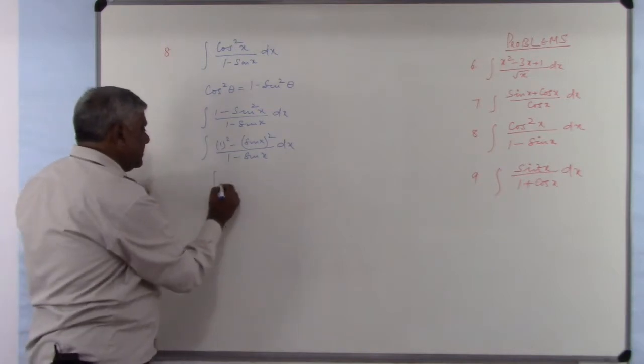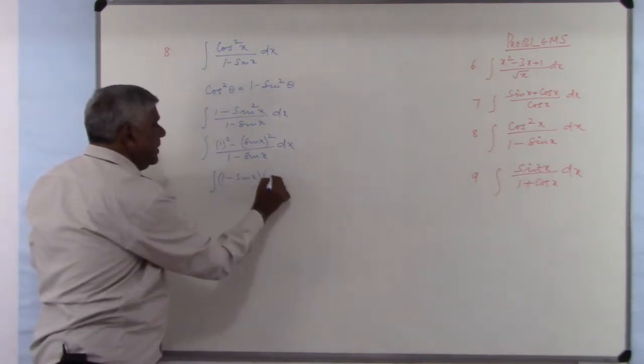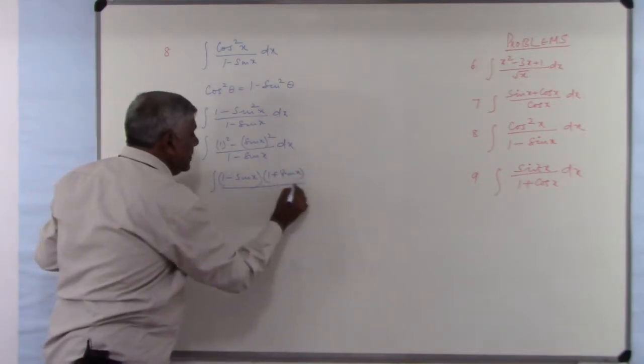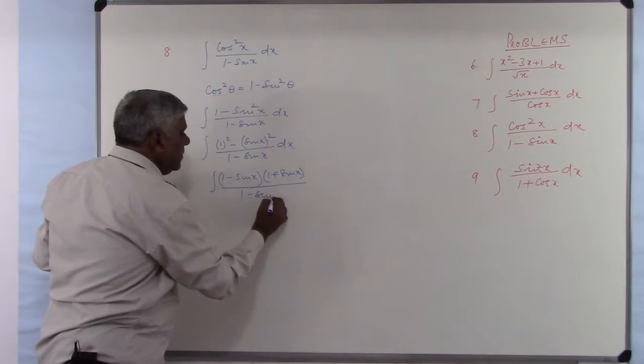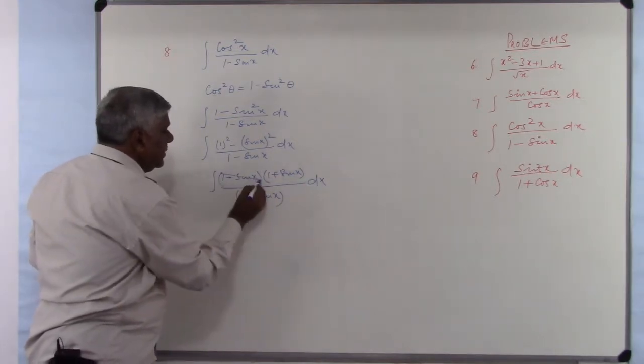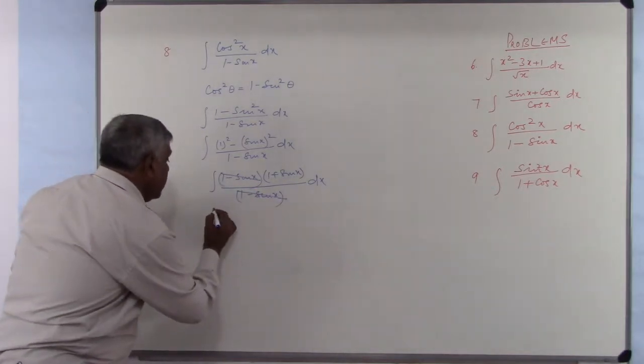We will write like this: 1 minus sin x, a minus b, into a plus b, 1 plus sin x, divided by 1 minus sin x into dx. This and this get cancelled. What do you get here?